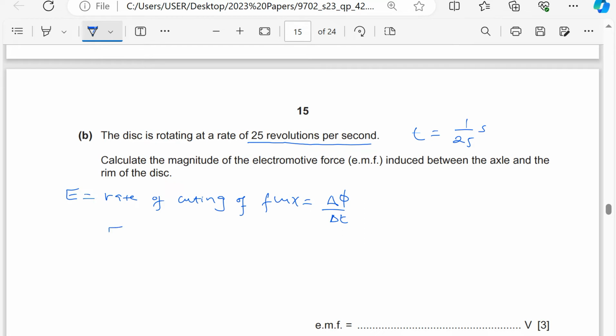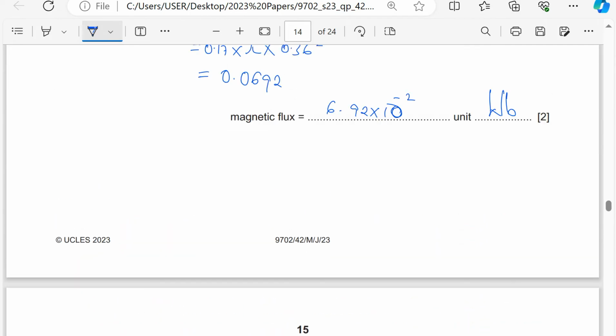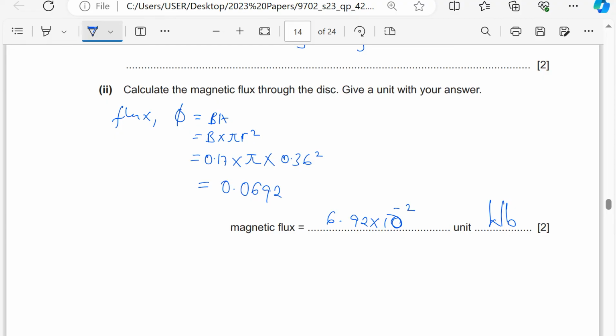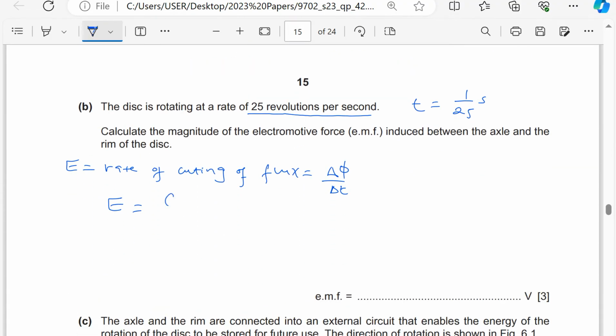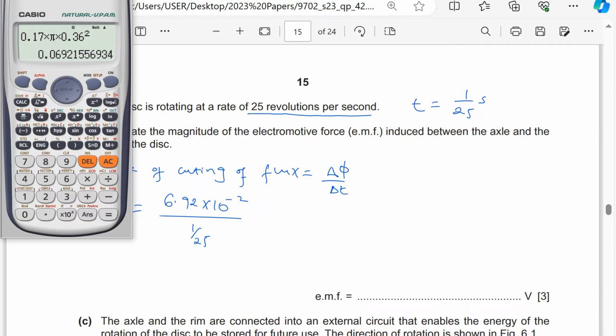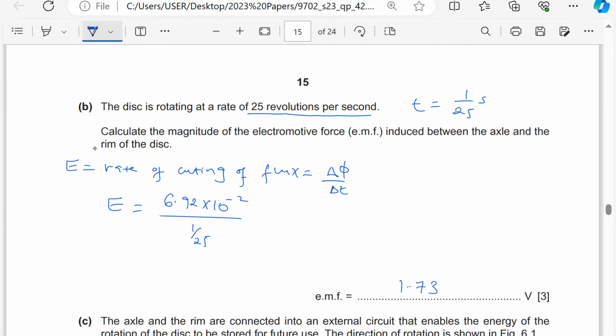The EMF is going to be the change in flux, 6.92 times 10 to the power of -2, divided by the time, which is 1 over 25 seconds. So that is 1.73. The induced EMF is 1.73 volts.